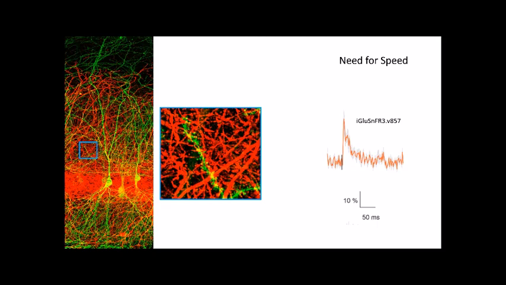And even, as Darcy also alluded to, we could look at precise synchrony of different inputs onto the same patch of dendrite with the same types of methods that I already showed you.